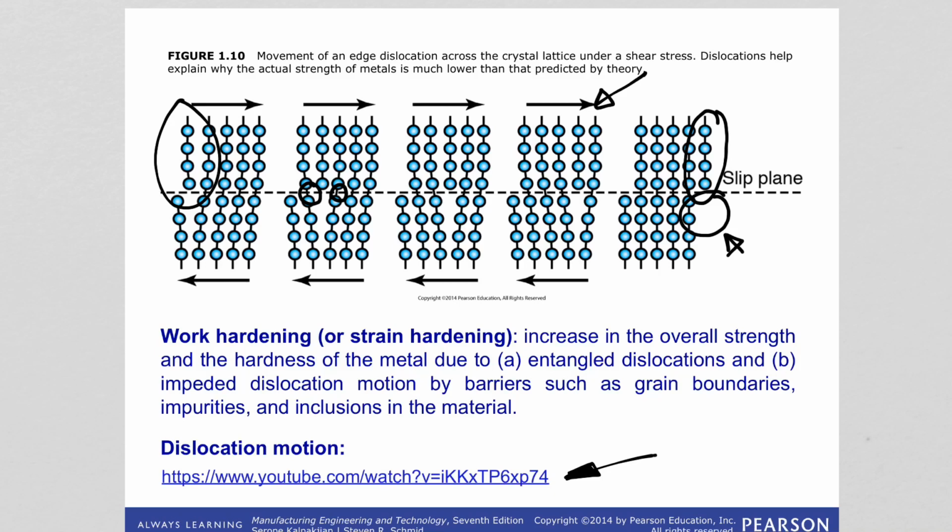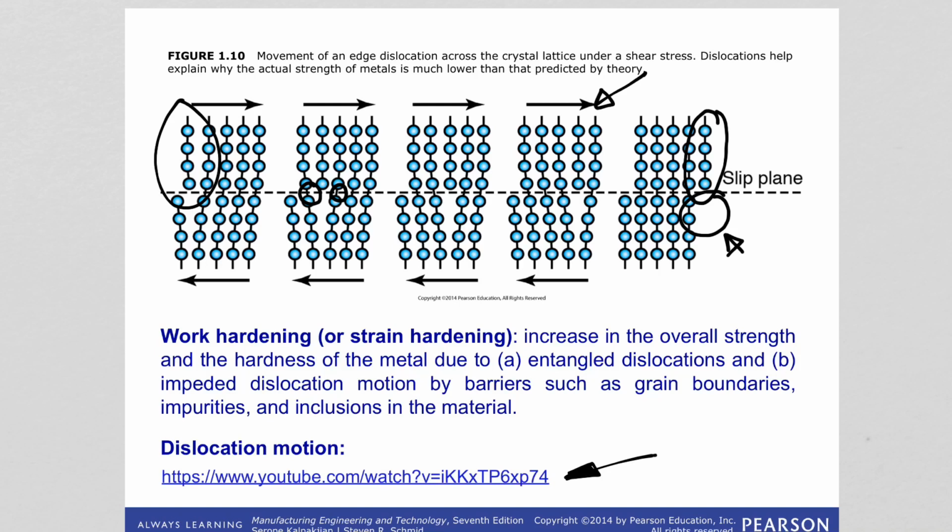They can put extra atoms inside the crystal structure, atomic imperfections, or they can do heat treatments, etc. In all cases, you can explain the behavior by understanding how this dislocation motion was affected. Okay, so therefore it's very important to understand that.